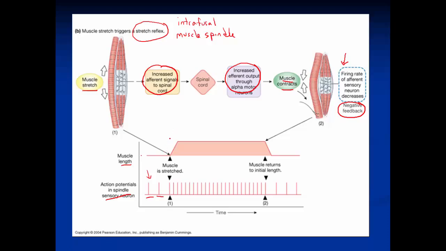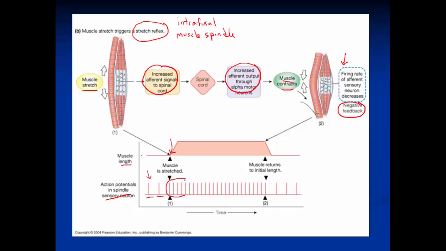All right. So now here, when my muscle is stretched, what's going to happen? Well, now it's going to get stretched. We're going to get an increase in firing rate. Okay. Remember the rate law, the greater the rate, the greater the stretch.